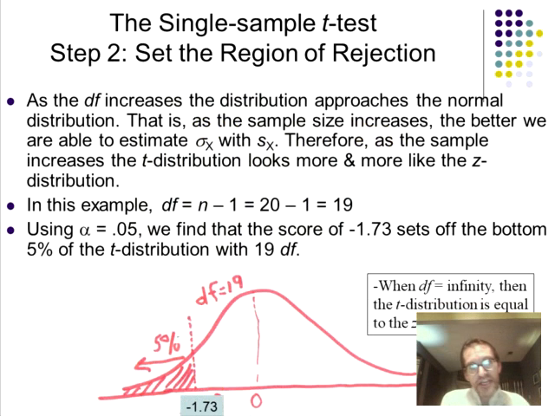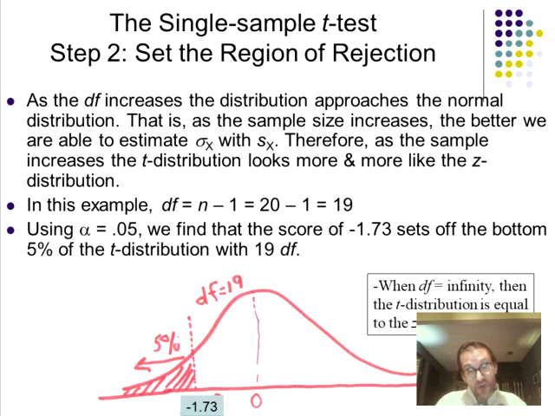Okay, so we're sitting here with degrees of freedom 19. For all practical purposes, it's shaped essentially like a z distribution. Using the exact same logic as before, now that I've got this critical value, look at that, I put negative 1.73.